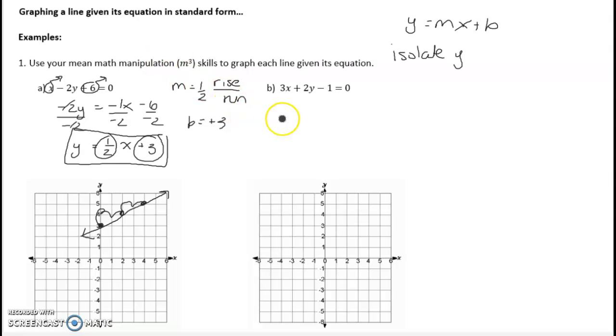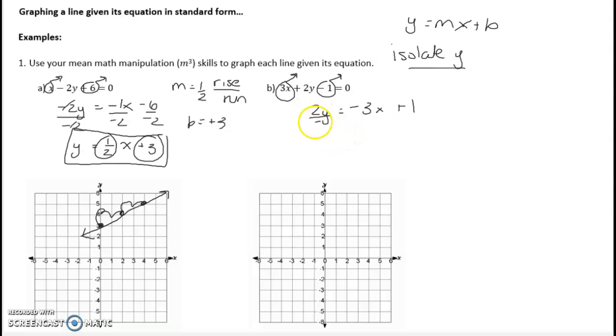Okay, next one. We have 3x plus 2y minus 1 equals 0. Well, we have to isolate y again. So 2y equals, I'm moving everything else over. So positive 3x turns to a negative 3x. Negative 1 turns to a positive 1. And now we have to solve for y.